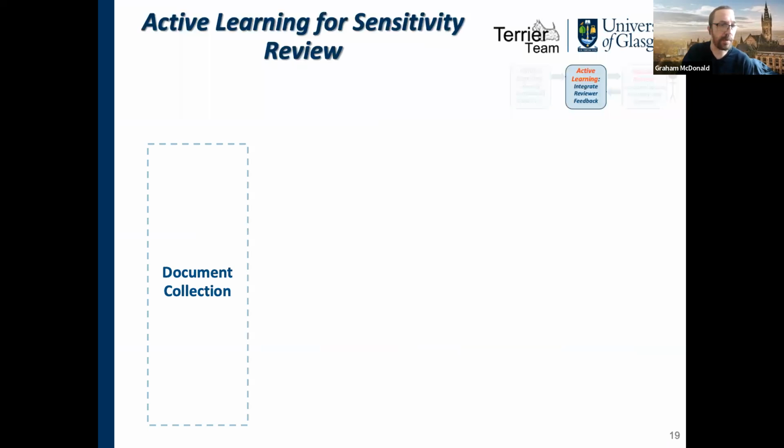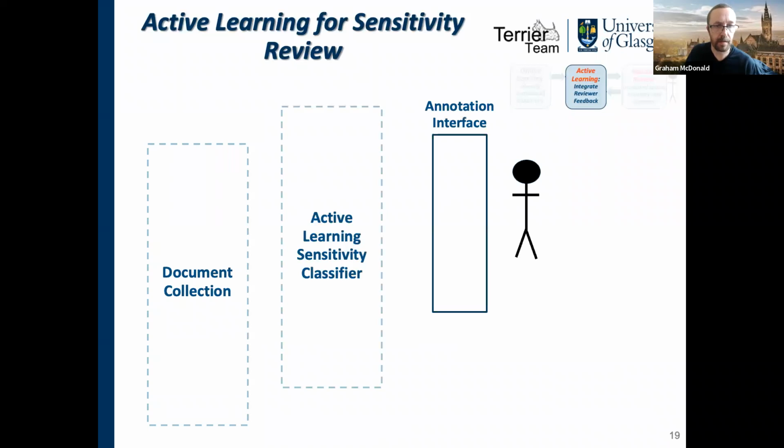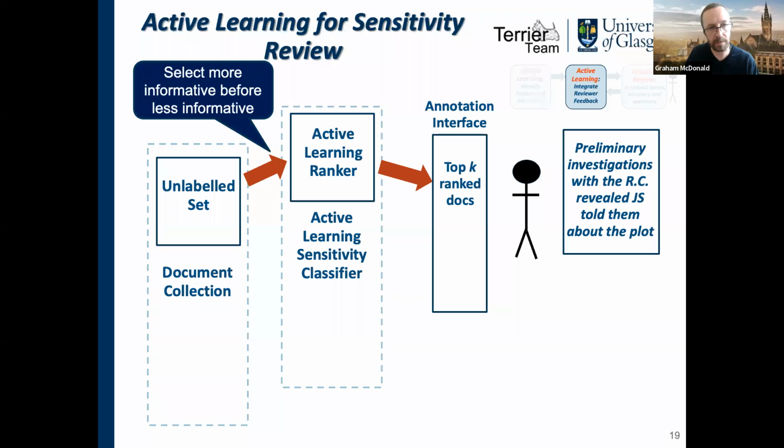So what's the process that we've got? We've got a document collection, and we've got an active learning classifier. We've got an interface to the reviewer. At the start of the process, all of the documents are unlabeled. We don't know anything about the documents. We want to select some documents that would help the classifier quickly learn. So we present these documents to the reviewer.